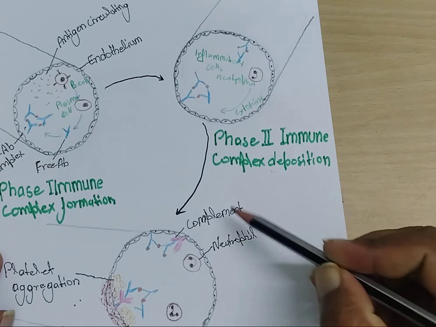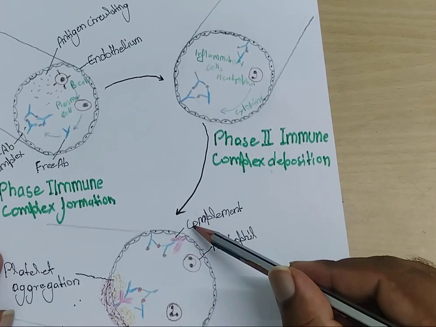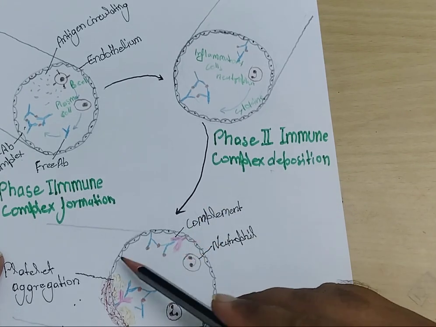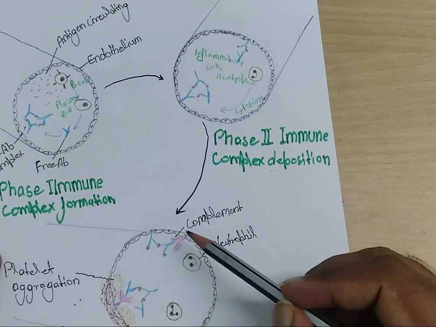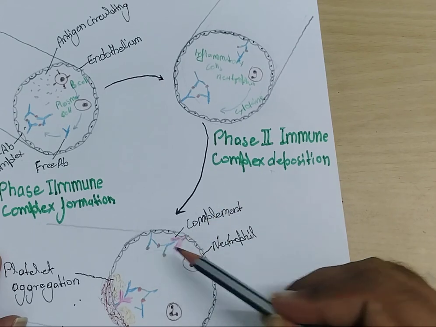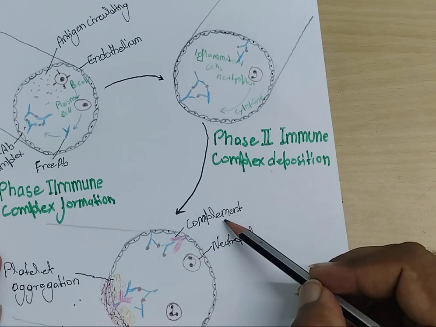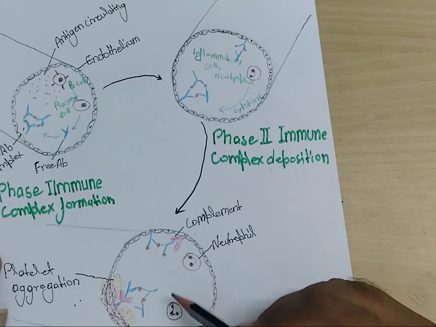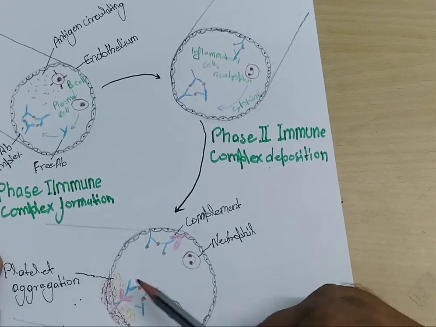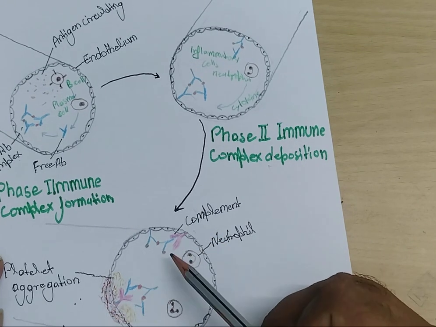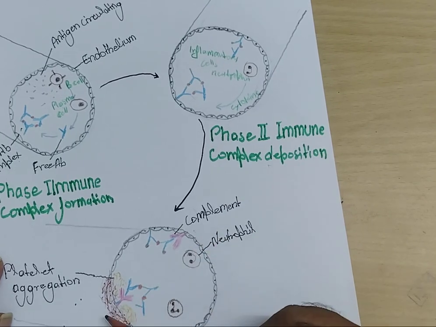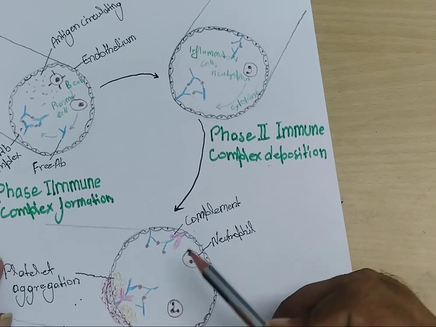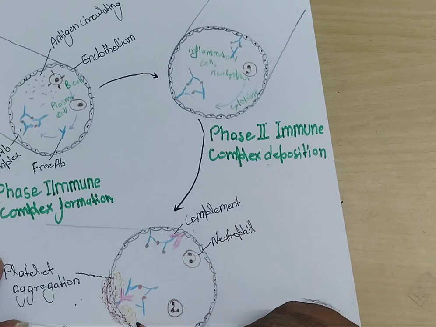When the antigen-antibody complex is deposited in blood vessels, complement gets activated, and complement produces various cytokines which promote platelet aggregation and inflammation, and through chemotaxis various inflammatory cells also come to where the immune complex is deposited to phagocytose it.